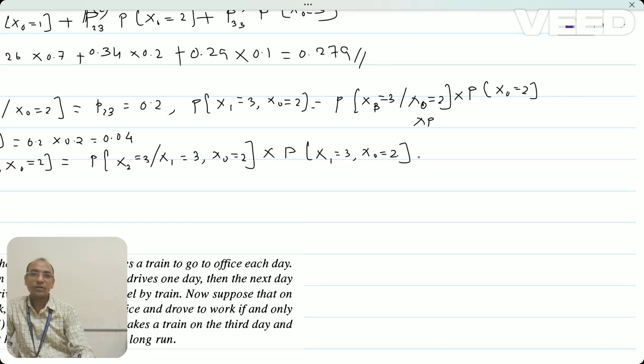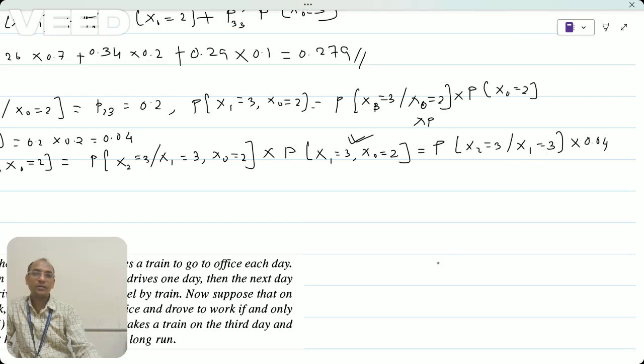So this one we can read as probability of x2 equal to 3 given x1 equal to 3, into this value, which is nothing but 0.04, because we have got the value of this one here, 0.04.